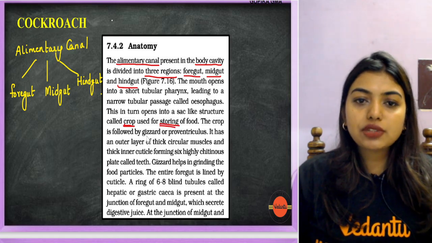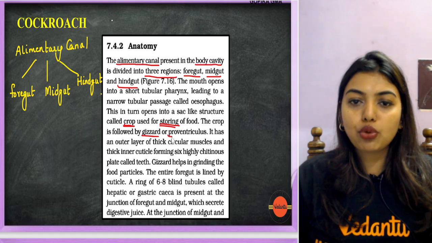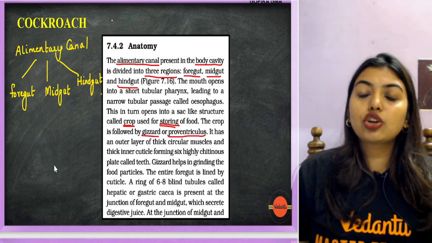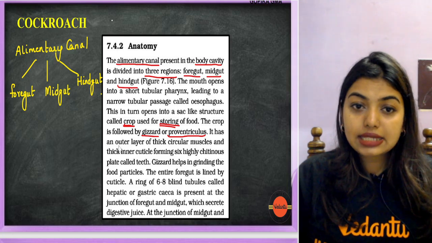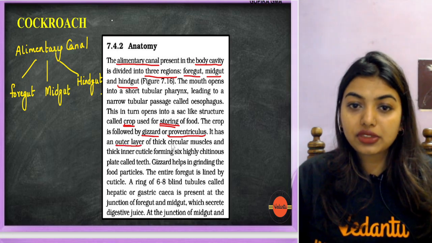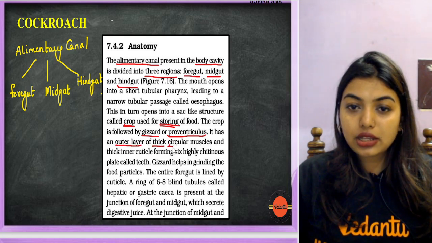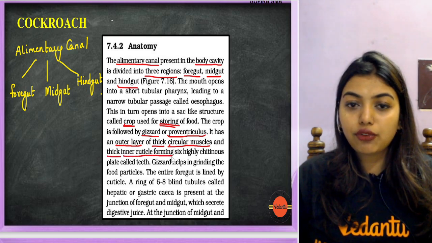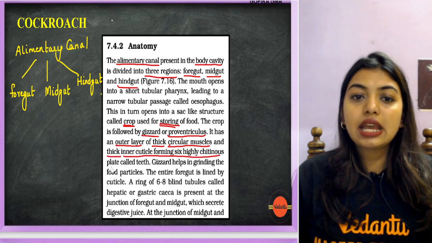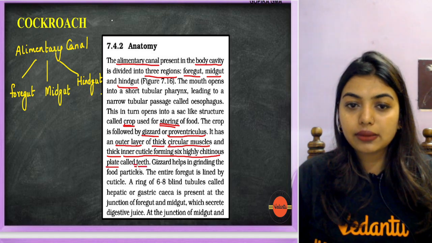The crop is followed by gizzard or proventriculus. It has an outer layer of thick circular muscles and thick inner cuticle forming 6 highly chitinous plates called teeth.